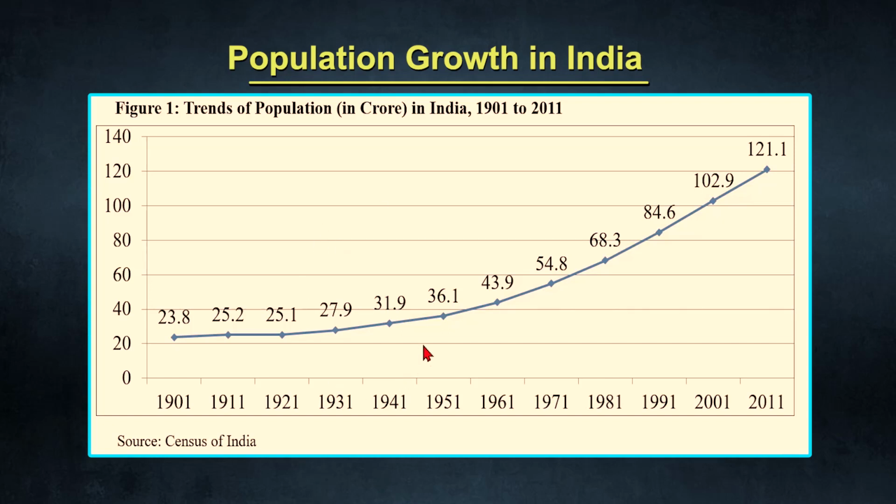But after 1951, the population of India increased at a very high rate, and the population in 2001 was 102.9 crore. That is, in the next 50 years, from 1951 to 2001, the population in our country increased from 36.1 to 102.9 crore. That is, the population increased more than 3 times during this 50 year period.